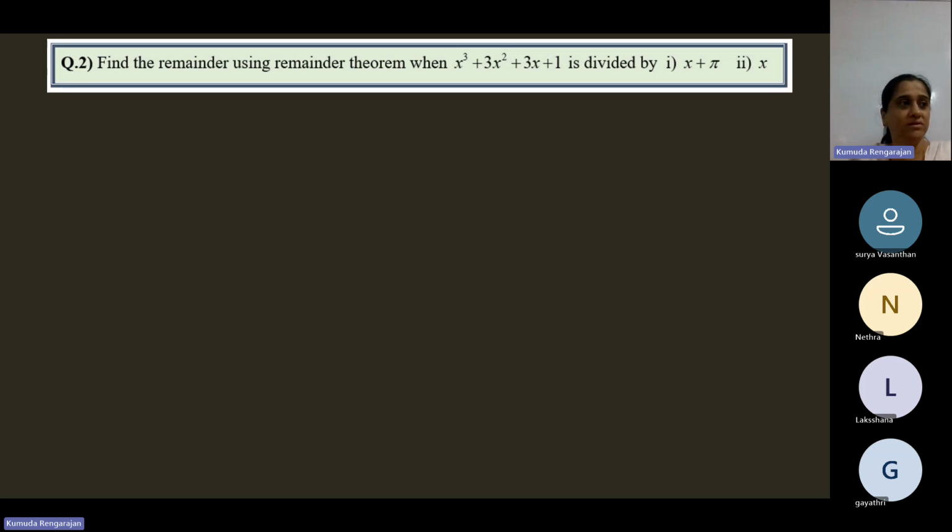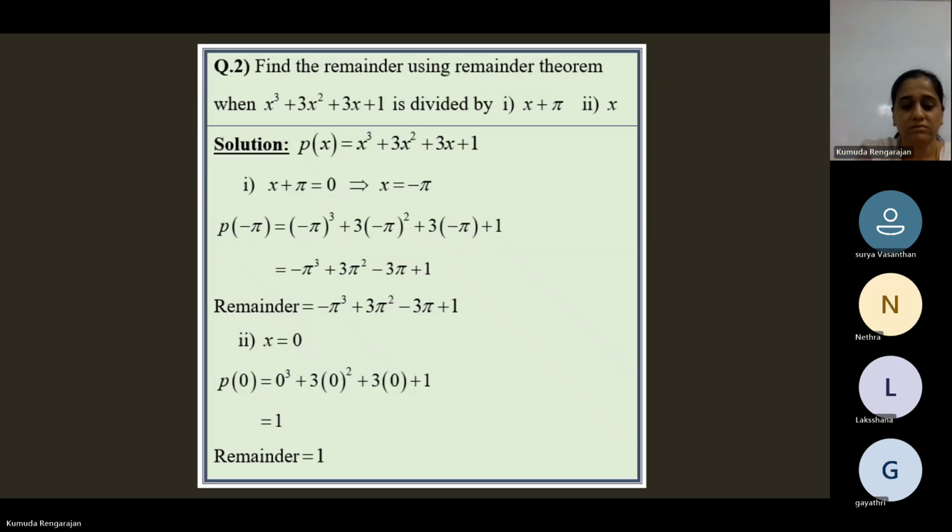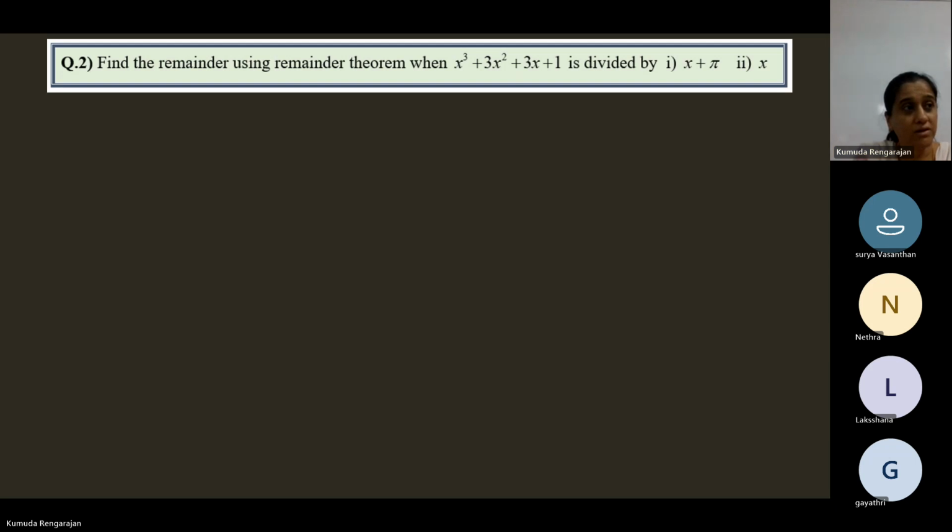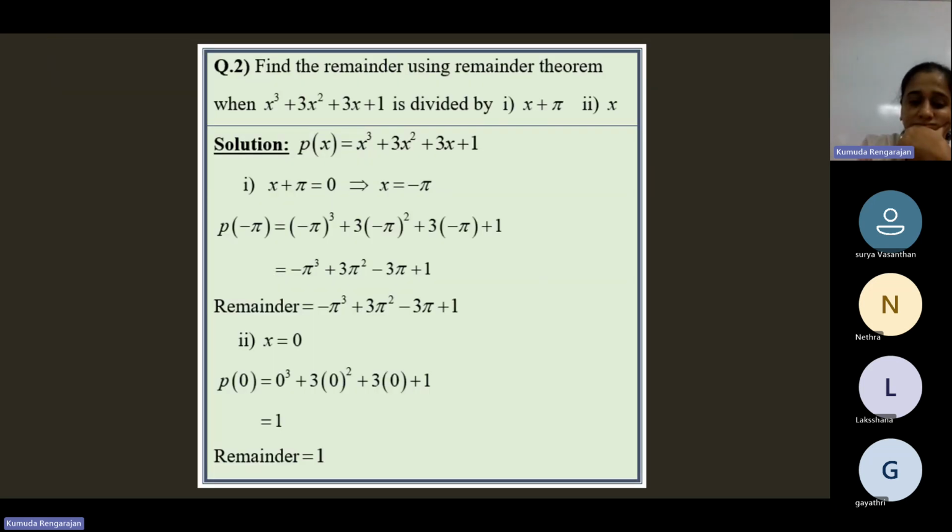For x plus pi, is it? What's the answer? I got minus 5t plus 3 pi square minus 3 pi plus 1. Correct. And for the other one, I got correct.